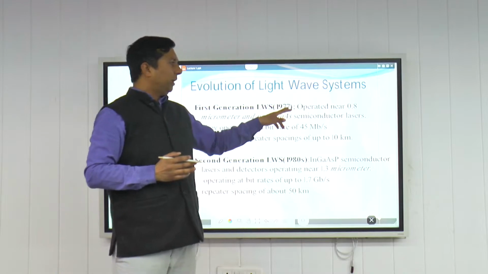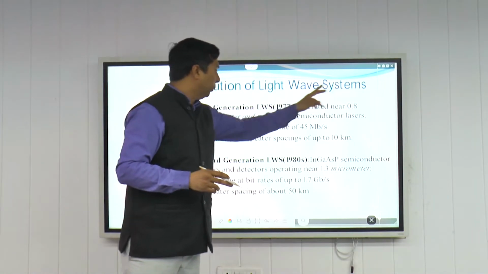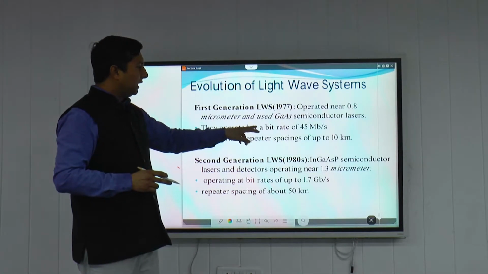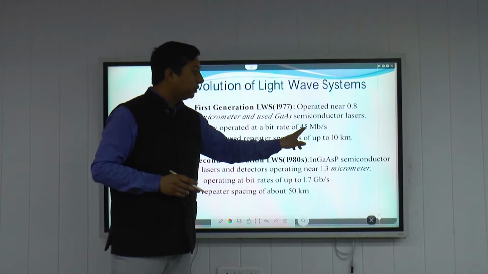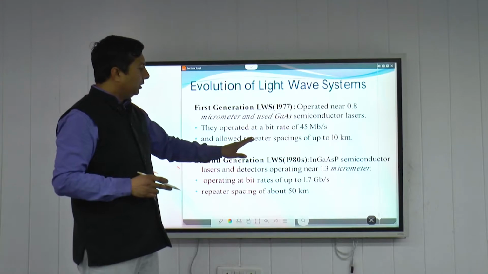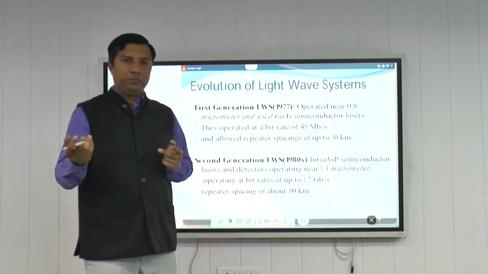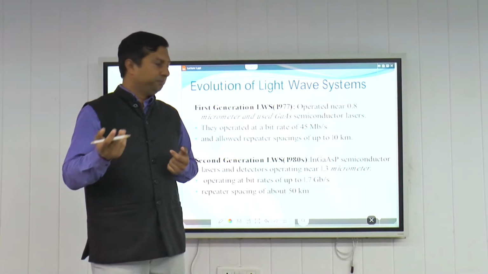Then gallium arsenide semiconductor laser was used operating at 0.8 micrometer, and they could operate at a bit rate of 45 MB per second and allow repeater spacing of up to 10 kilometers. It means after 10 kilometers we require to repeat our signal.